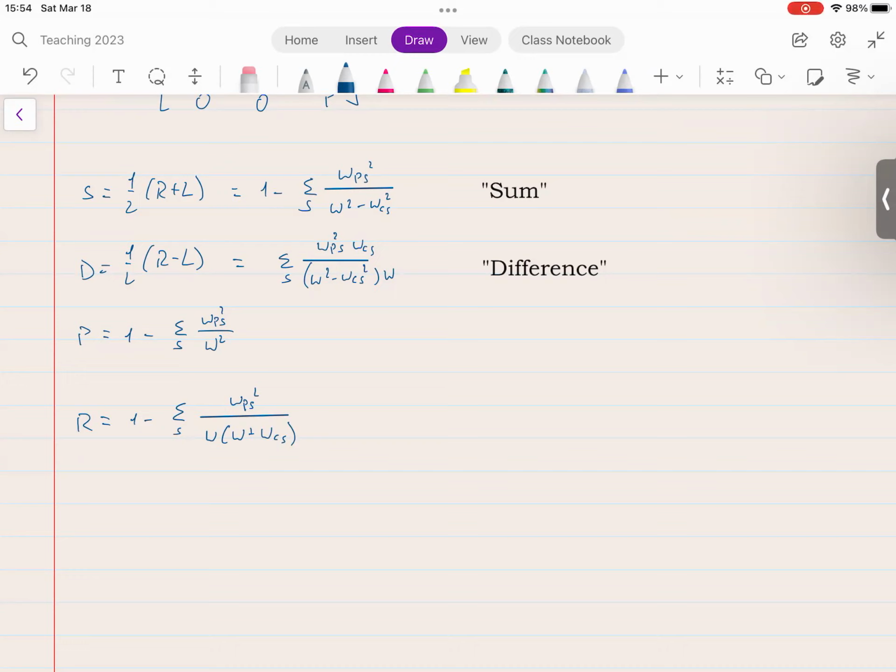Okay, I gave it away. R stands for right and L stands for left. And let me finish writing the expressions.